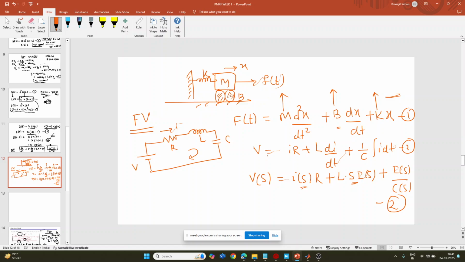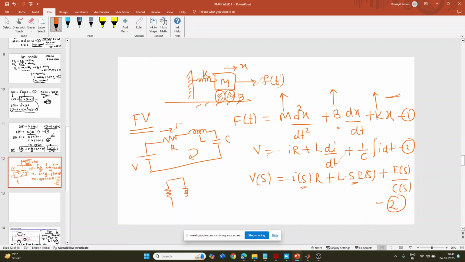Similarly, for the force-current analogy, the force equation will never change; this is the equation for that. But if you ask what is the equivalent term in the current analogy, then don't use a series RLC circuit, use a parallel RLC circuit.